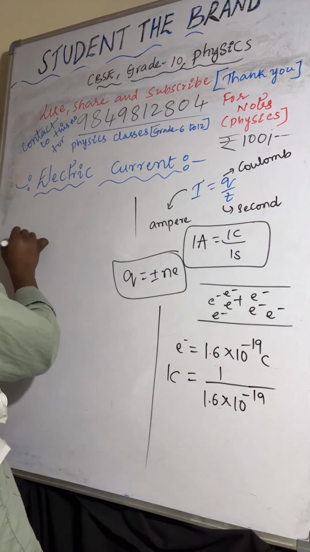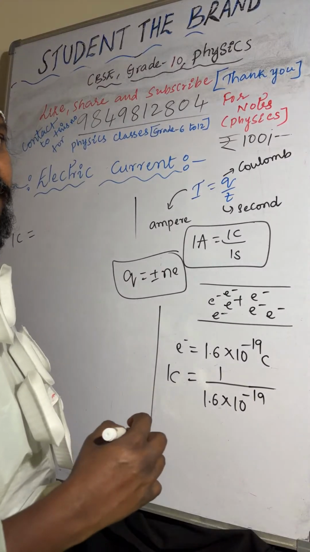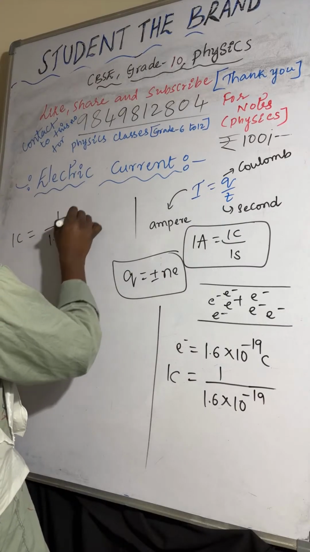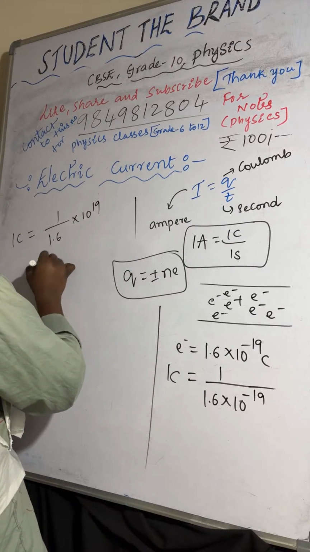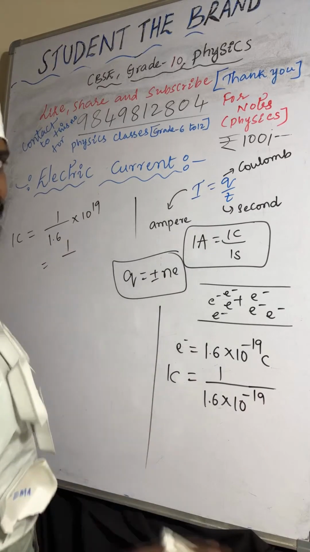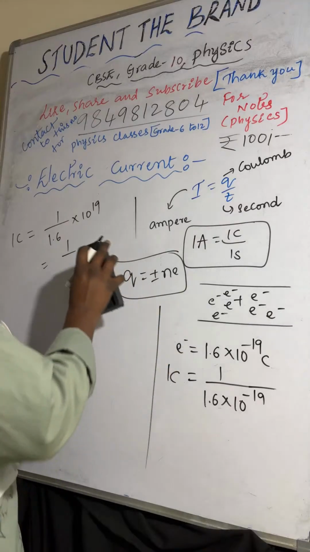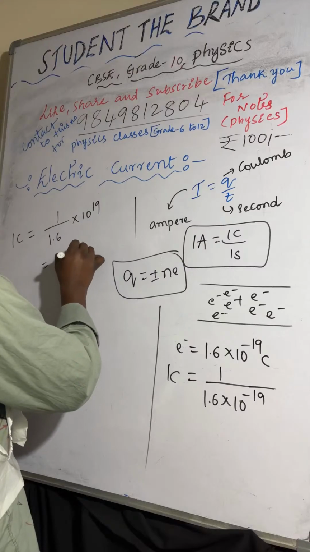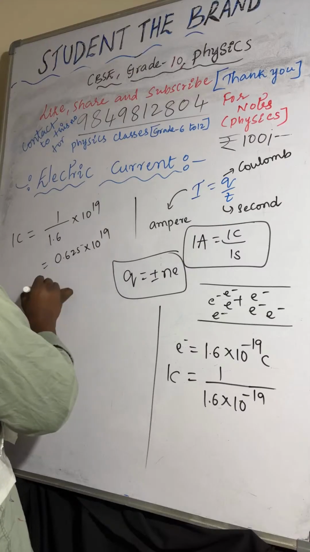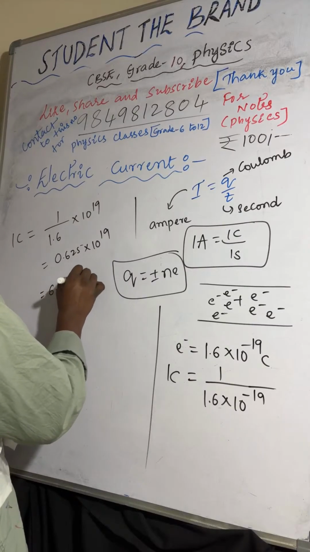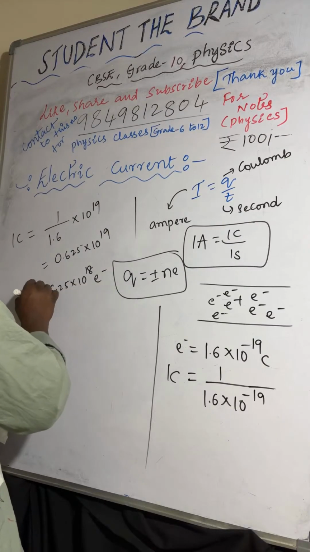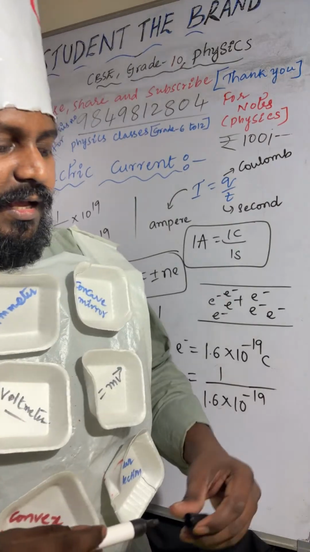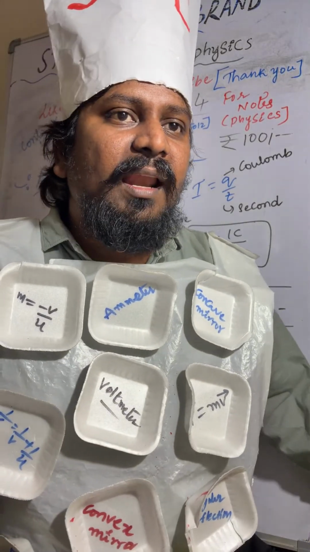So 1 coulomb is equal to 1 by 1.6 into 10 power 19 electrons. 1 by 1.6 value is 0.625. So 0.625 into 10 power 19, then we can write 6.25 into 10 power 18 electrons are present in 1 coulomb. Okay, so that is about electric current.